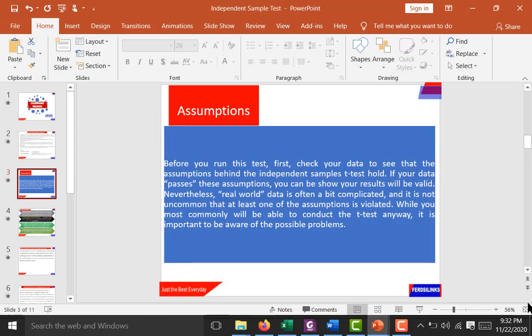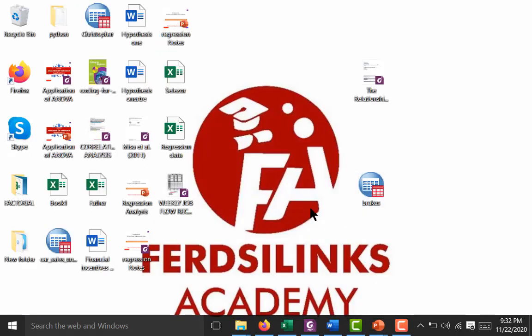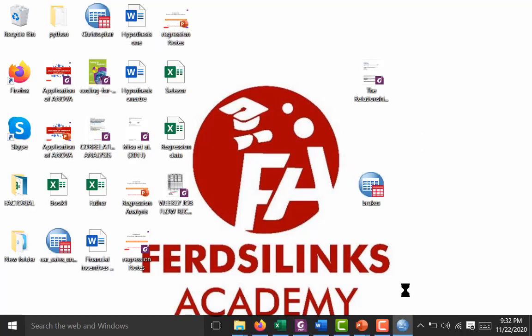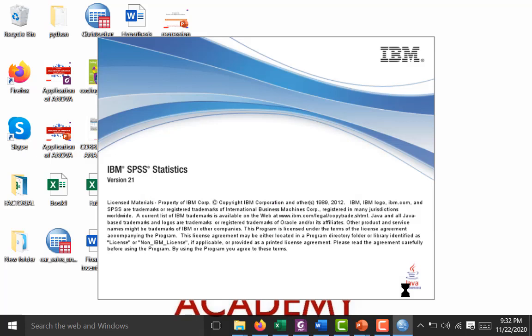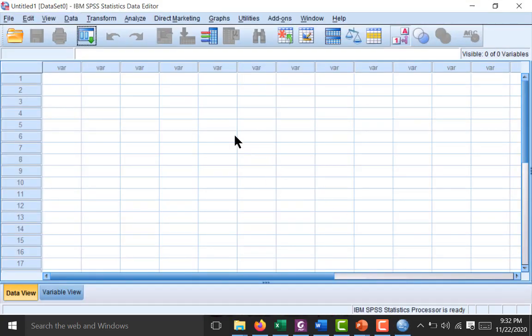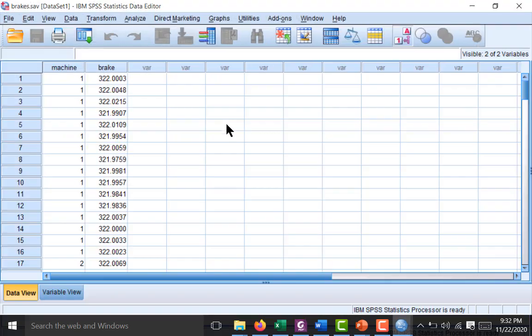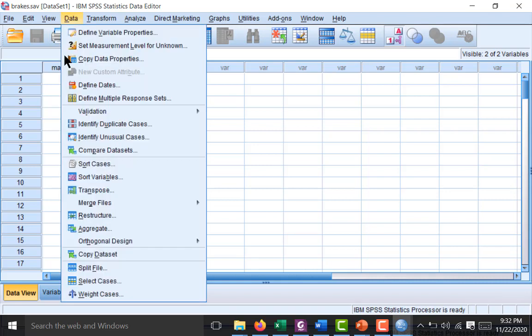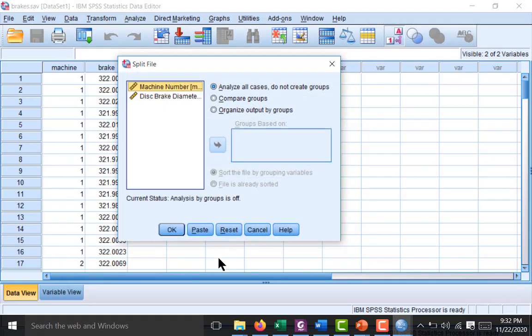This is our data. Let's upload the data. You can find this data in your SPSS folder titled breaks. I'll give you the links at the end, and you'll find the description. So this is our data. Now I will need to split the data, and to split the data, you come to Data, Split. I'll just have to reset this.